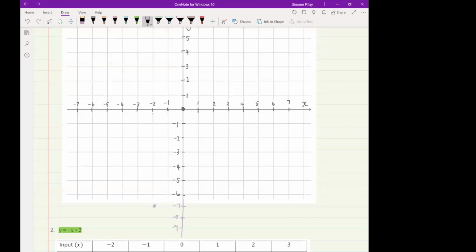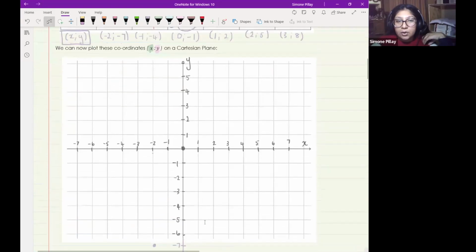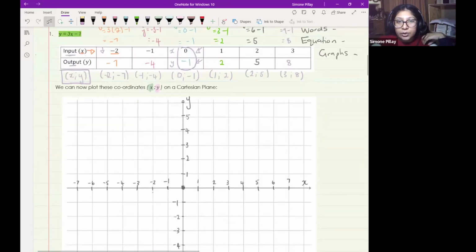Okay, then when looking for the coordinates, how do we know which side to look at? So remember, we are always going to look at our x-axis first because that's how our coordinates are set up. It's the x value first and then my y value next.